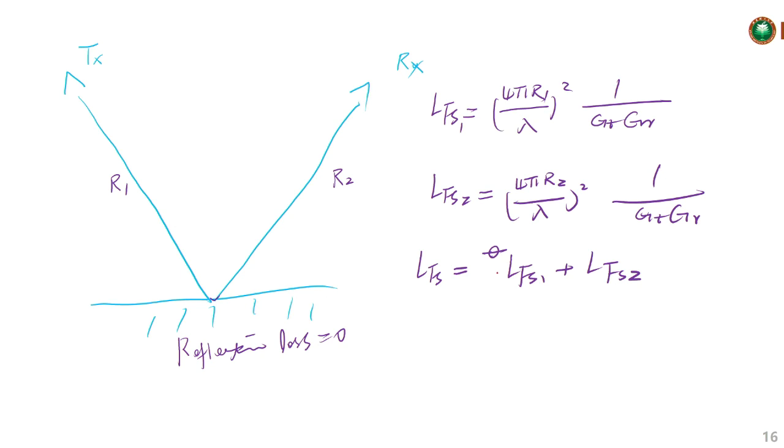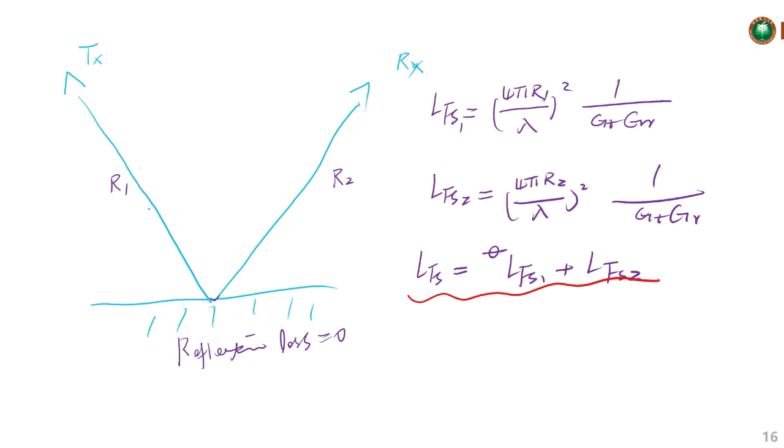is this correct? Can I calculate it by this equation, this formula for the total path loss? Is it correct? So it's not, right?